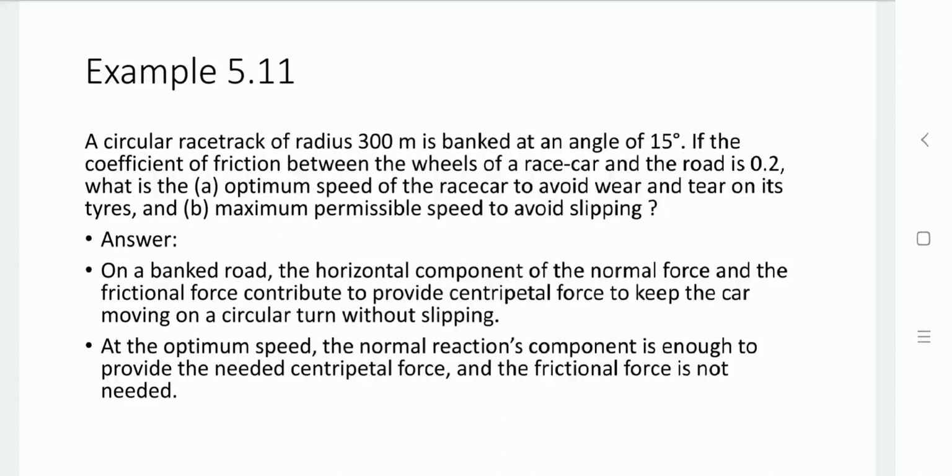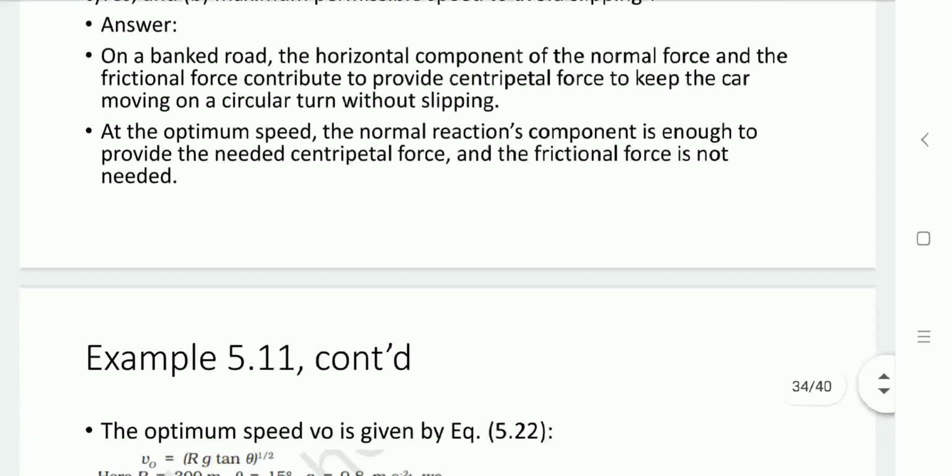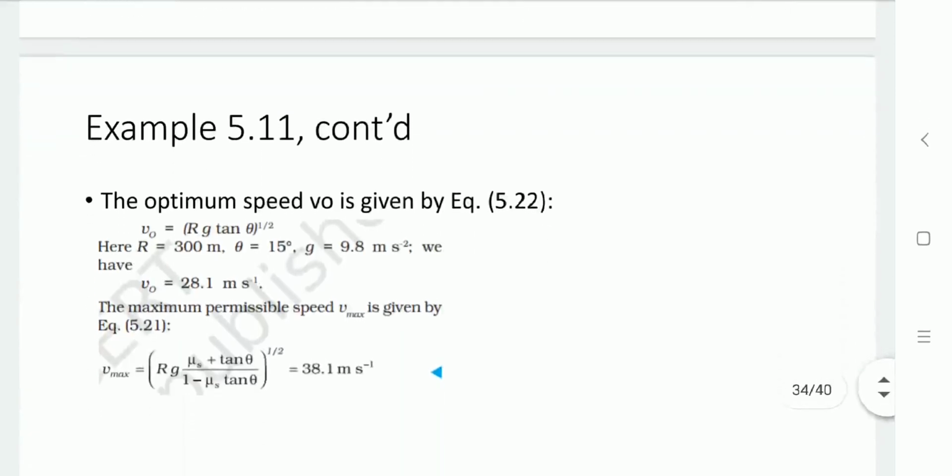So here the optimum speed v0 is given by the square root of rg tan theta, with mu s replaced by tan theta.